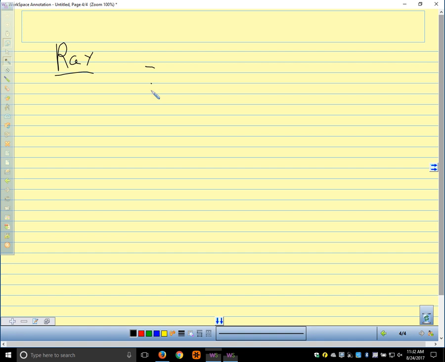It's a line that consists of like one endpoint, it's an arrow. Right. We have a part of a line with one endpoint, and it extends infinitely in one direction.